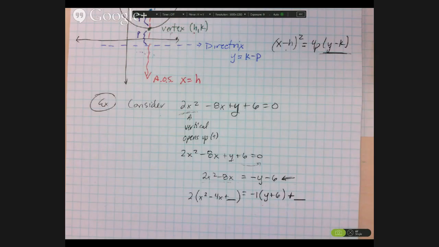I know. That's why I haven't thrown it at you until today. Yep. Both. So I took a 2 out of each of these. And then I'm leaving a space so I can complete the square.